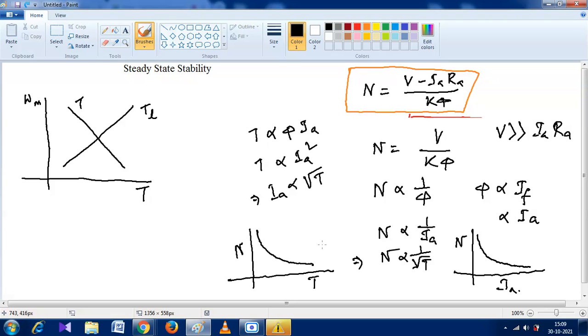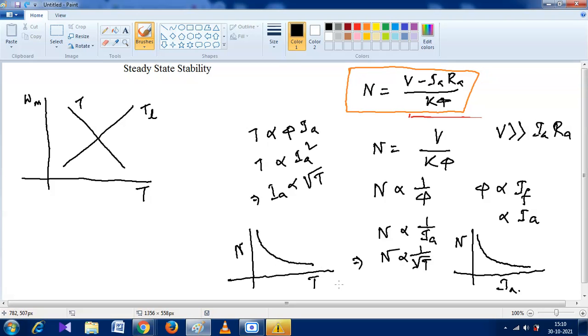At the time of starting, the speed should be low. From that curve, what we see is that at low speed the torque is high. Inversely proportional. When the speed is low, the torque is high.